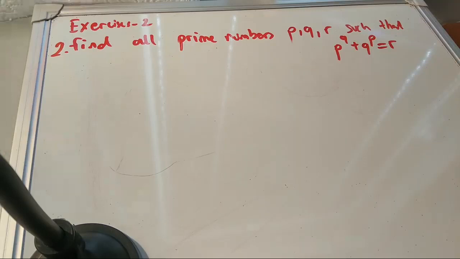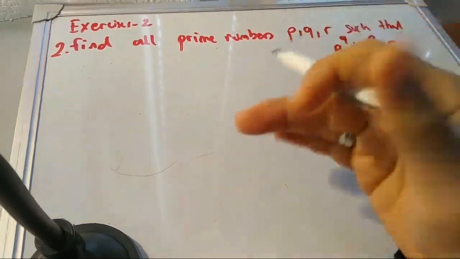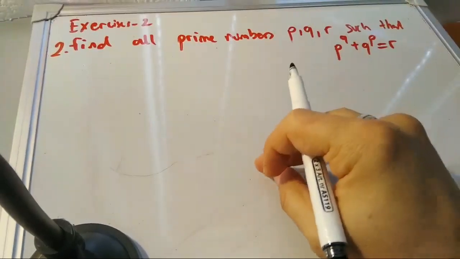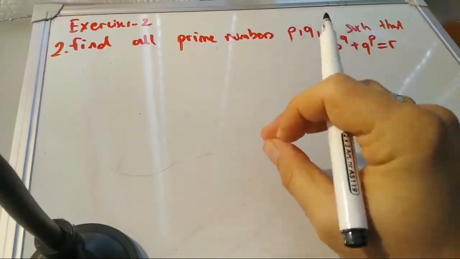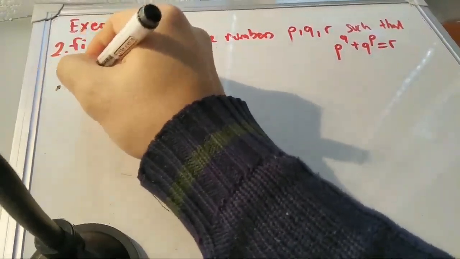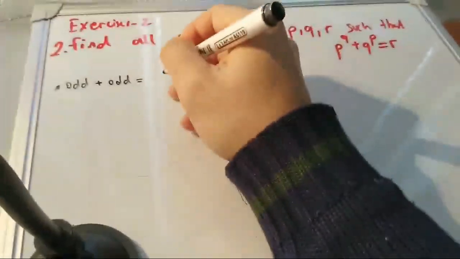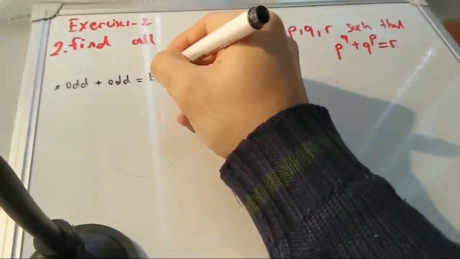Okay, let's solve it. Before solving it, there's something else you should know. When we add two odd numbers, odd plus odd will give us even.